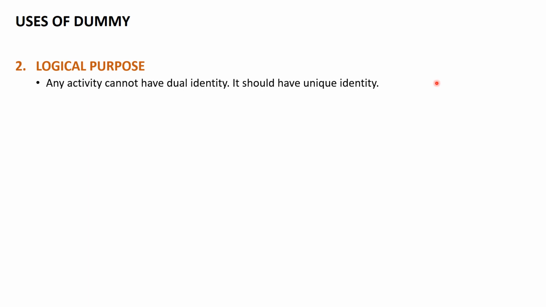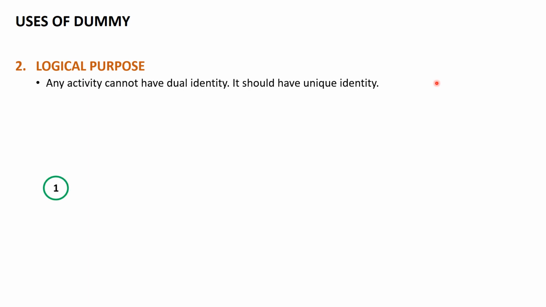That means we cannot have two activities labeled as A, or B, C, etc. So each activity should have a unique name, or it should be a completely different activity, right? Now we will look into this with an example.